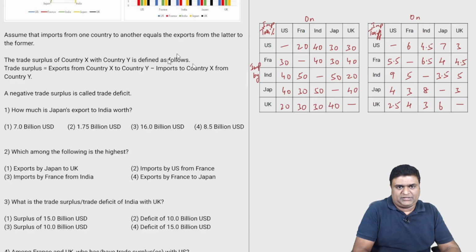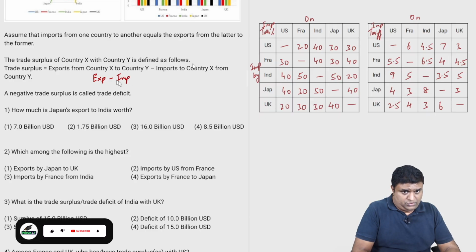Exporting from X, I'm exporting outside, right? Trade surplus of country X with Y is nothing but exports minus imports.